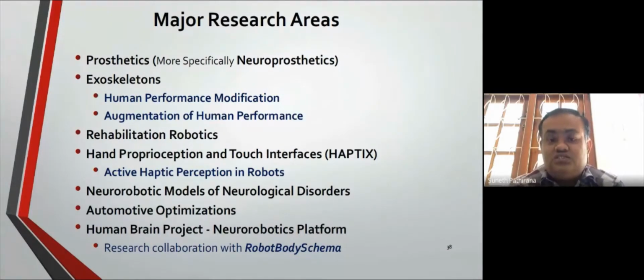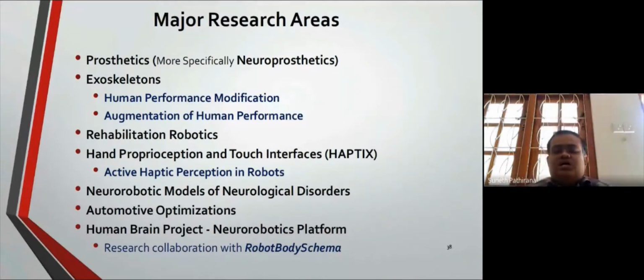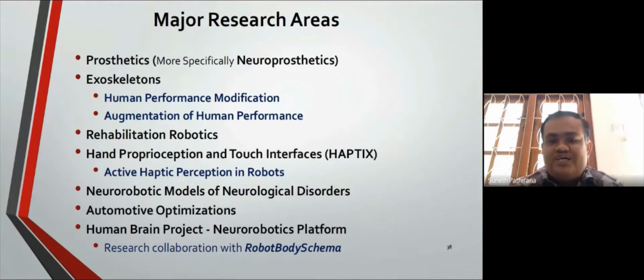The sub research domains coming under that: human performance modification, and augmentation or simulation of human performance. The exoskeletons or power suits, a kind of additional support given for the human body.